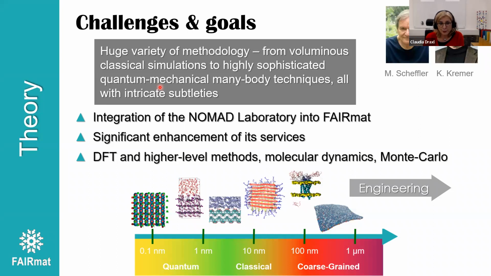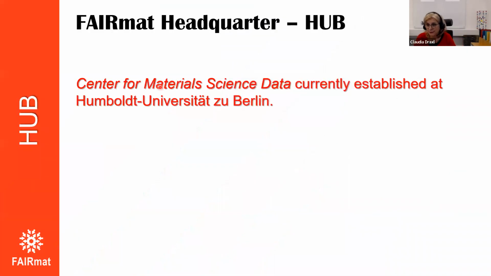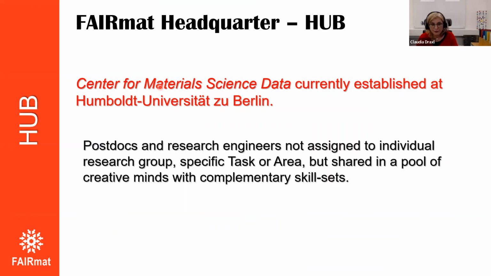Yeah, to wrap this up, we built this data infrastructure for synthesis, experiment, and theory. And in order to do so, we have built a data center in Berlin, here at the Humboldt University, for material science data. The idea is that most of the people employed by this project come together here and work together on this very big data infrastructure.